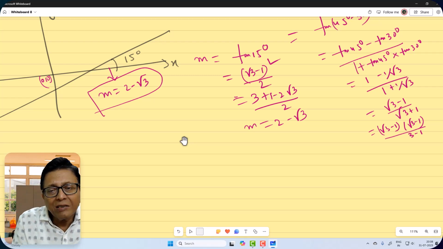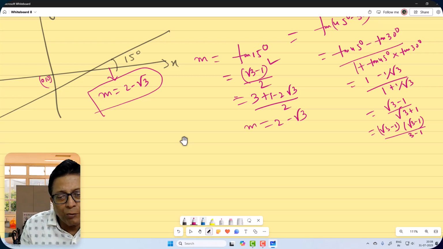Now, what will be the slope of a line joining two given points? Let us do it.